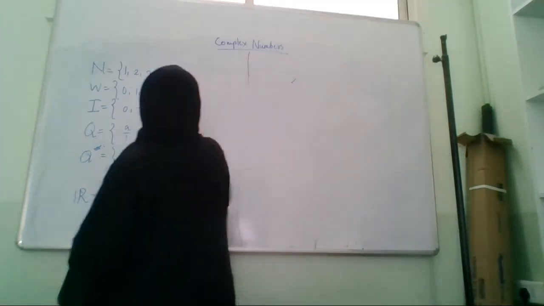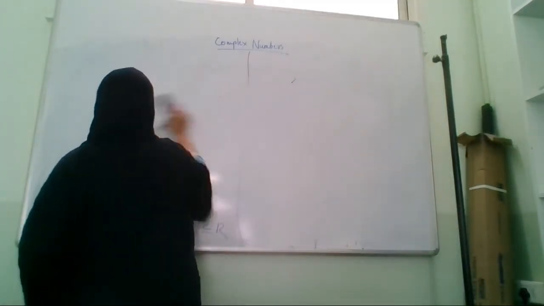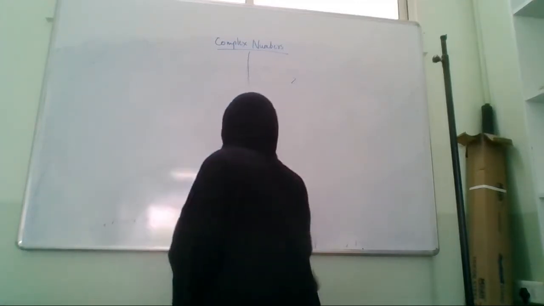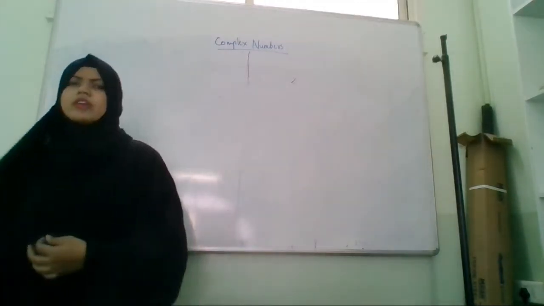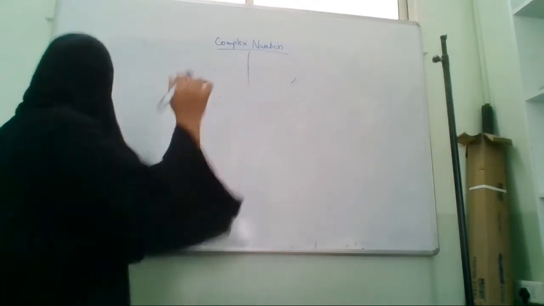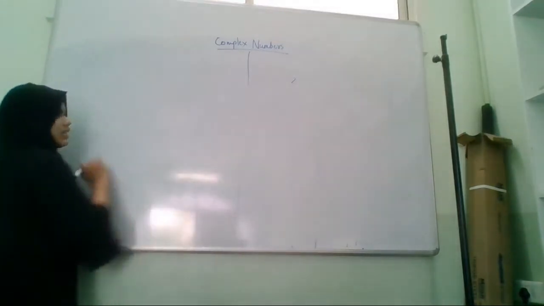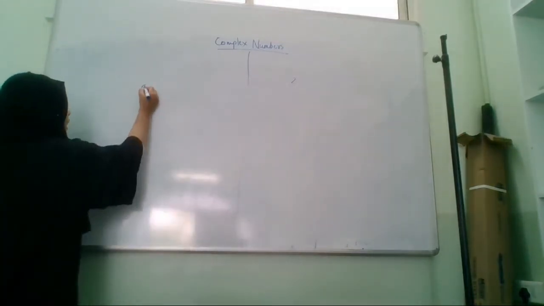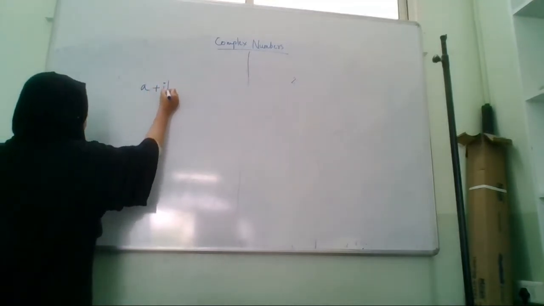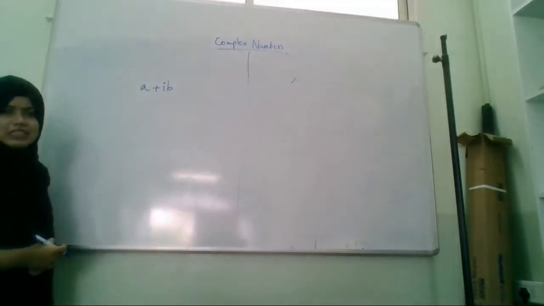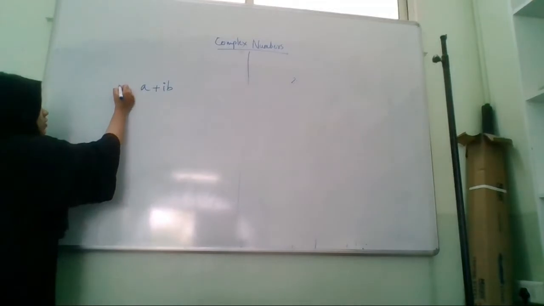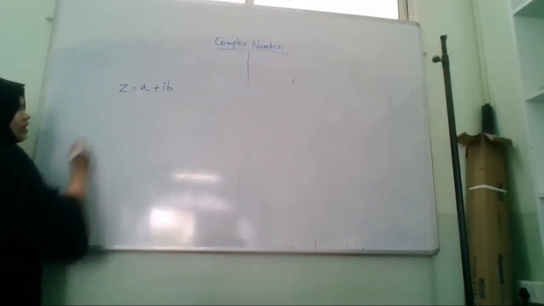So now we will see what a complex number is. A number of the form a plus ib is a complex number. It is always denoted by z.